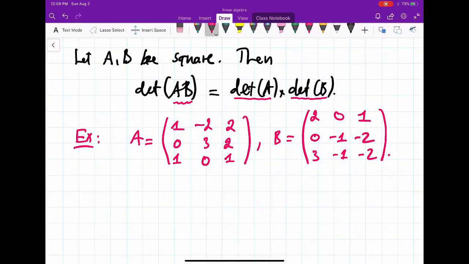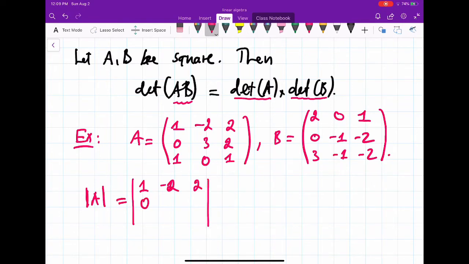So firstly, we need to find the determinant of A, right? You have different methods already, you know how to do that. But in the previous video, we studied how to use elementary operations to find the determinant, so I will use that right now. I will multiply the first row of A by -1 and add to the third.